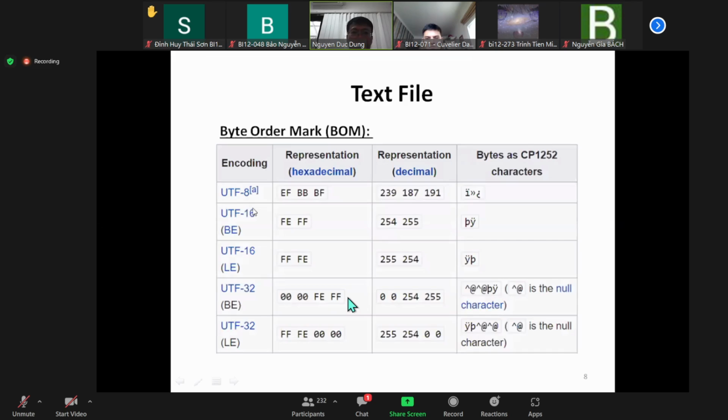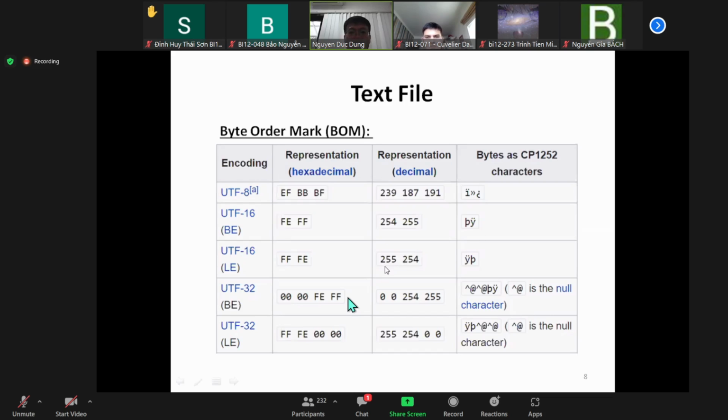For UTF-16, if we save the document in UTF-16 LE, we have the first 2 characters FF and FE at the beginning of the file. This is used by some standards.